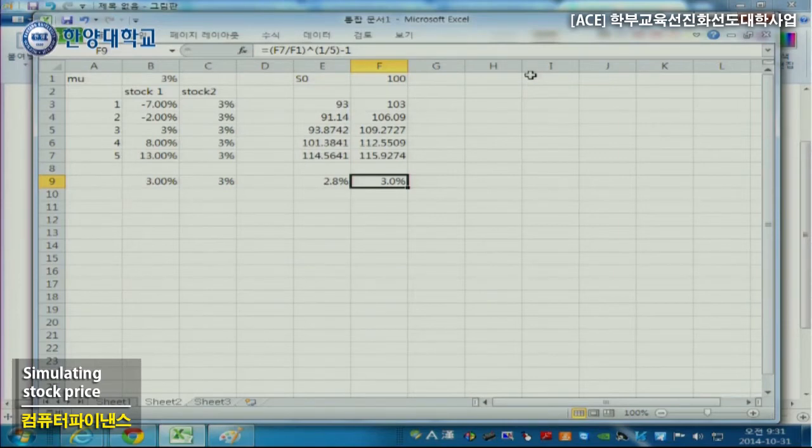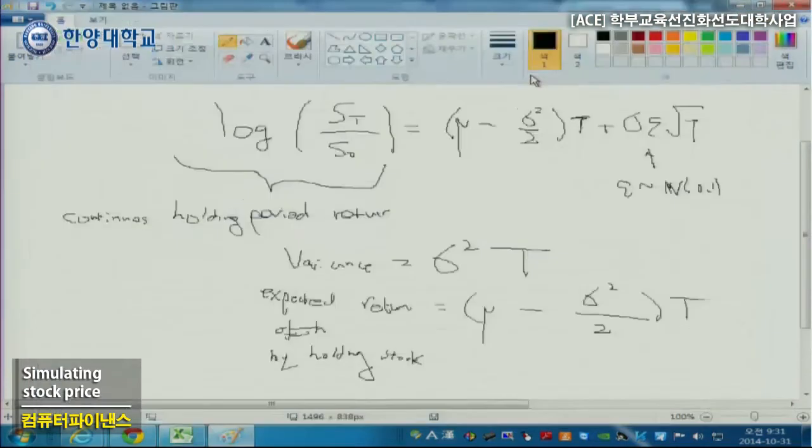How much do we have to adjust it down? This amount. We have to think about everything in continuous time, the continuous time holding period return. We have to subtract sigma squared over 2 from it. So it makes sense now, right?